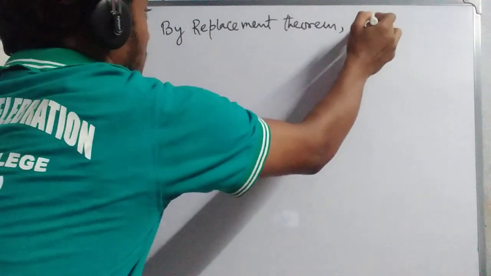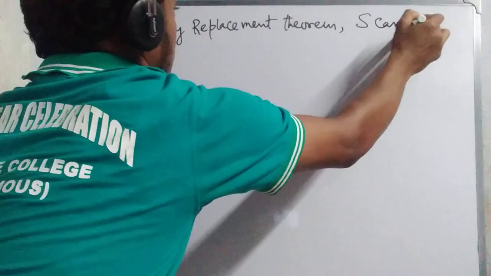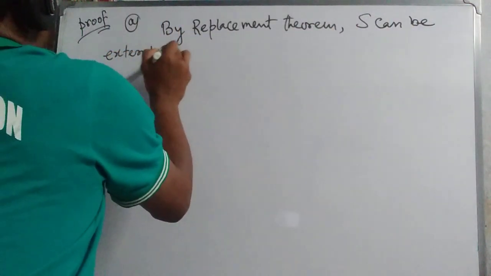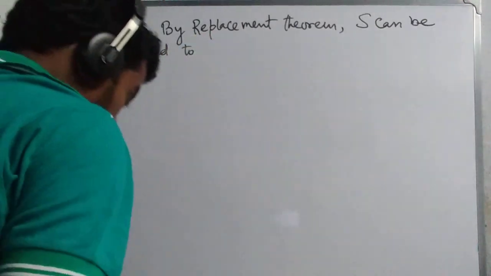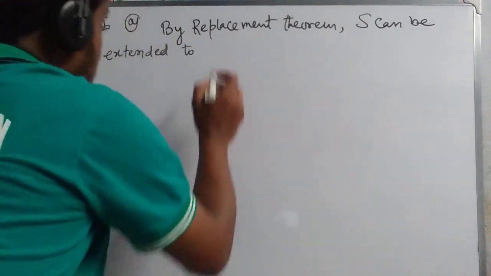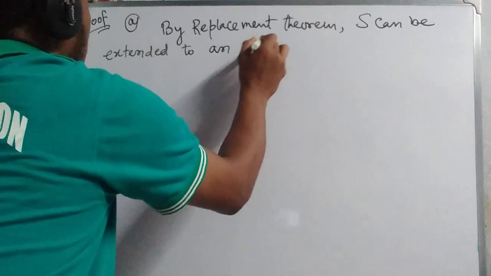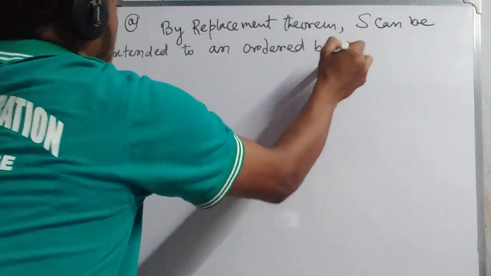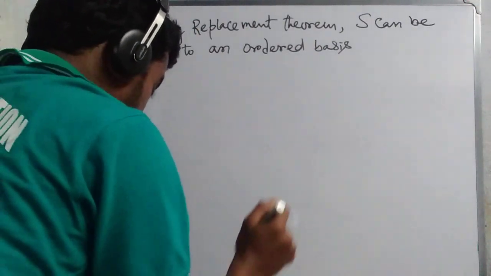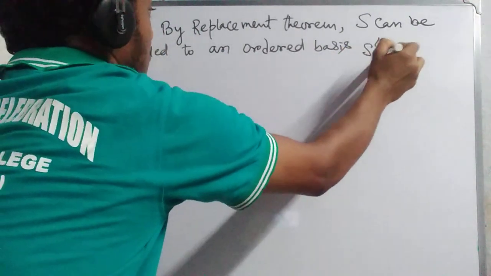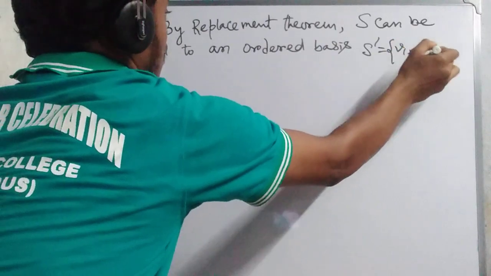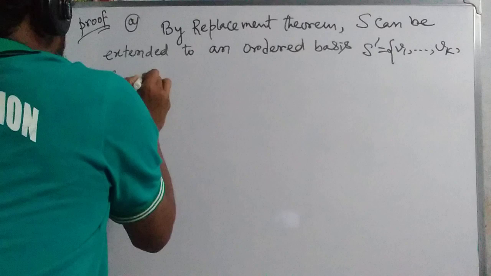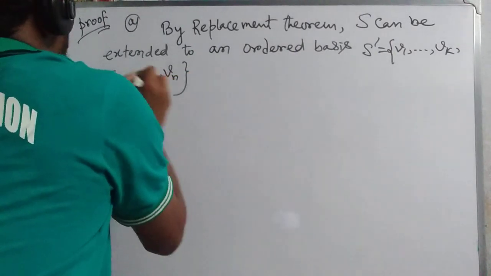S can be extended to an ordered basis S dash, which is {v1, ..., vk, vk+1, ..., vn}.